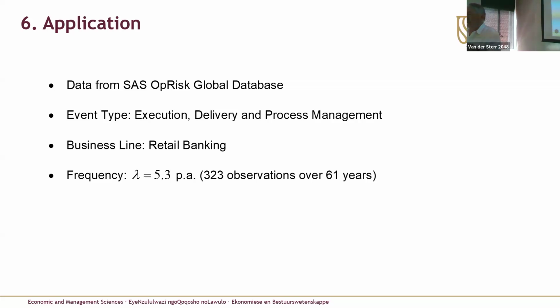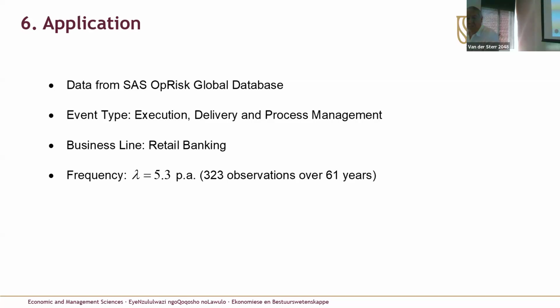Within that retail banking, we have all kinds of event types. So this is for the retail banking line, and the event type is execution, delivery, and process management. So it's a particular type within that business line. There were 23 observations over 6.1 years.